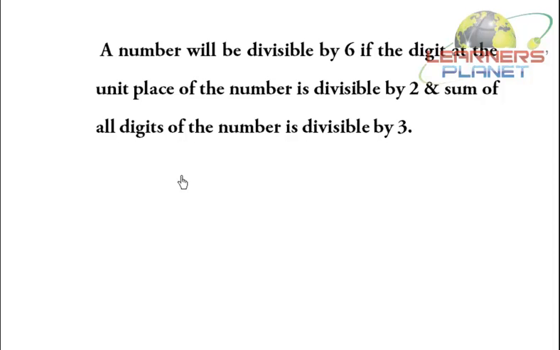So just for a quick recap, I will take one or two examples. Suppose I have the number 432. It's an even number, so it will be divisible by 2. Now let's check whether this number is divisible by 3 or not. 3 is divisible by 3.